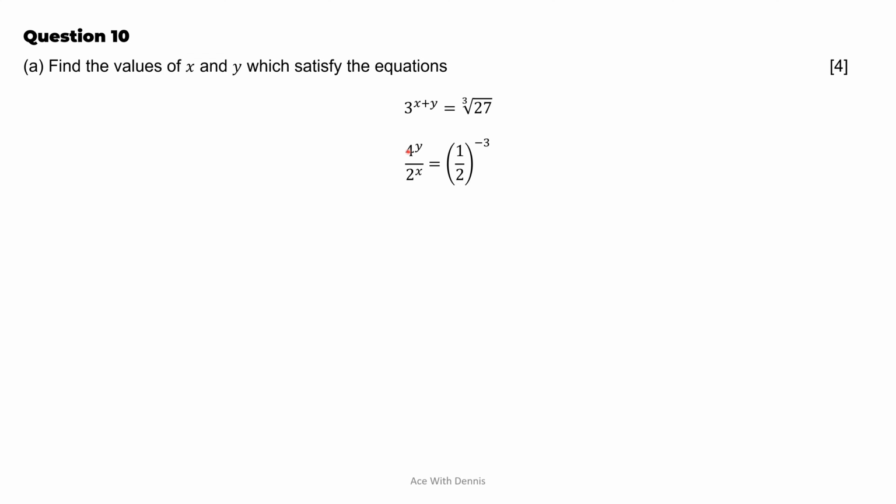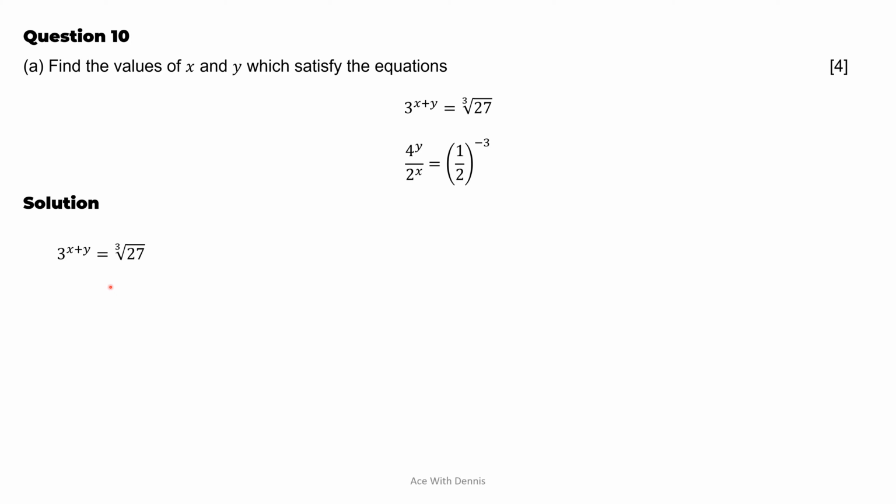Therefore, we need to have two equations. But the problem with this question is that the unknowns are the powers. So what we have to do is make both sides, the left-hand side and the right-hand side of the equation, have the same base so that we can compare the powers. And we form another two equations from these two equations. Now let's see the solution.